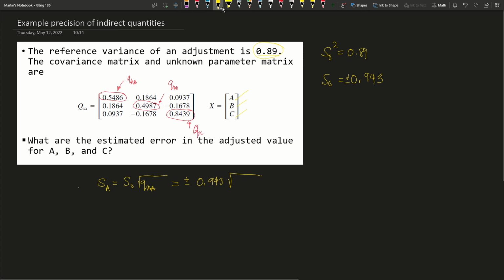Therefore, that would be 0.5486. Then this is equivalent to 0.943 times the square root of 0.5486.